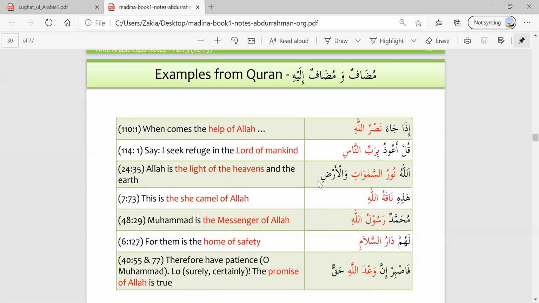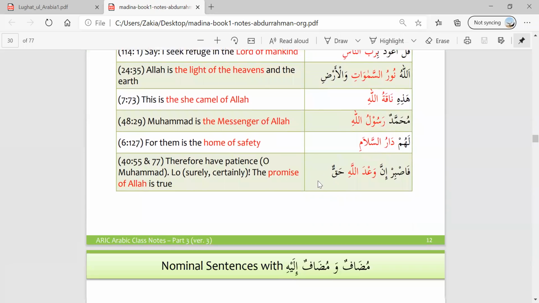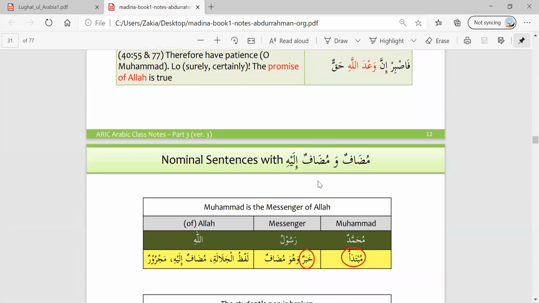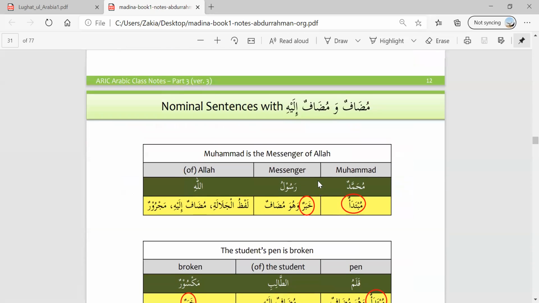Nuru samawati, naqatullahi, rasulullahi, darussalami, wa'dallahi. Okay, promise of Allah. Okay, so this is who is the possessor and what is being possessed. So that's how you have to look at it in order to understand it. It will be difficult if you don't understand the Arabic.